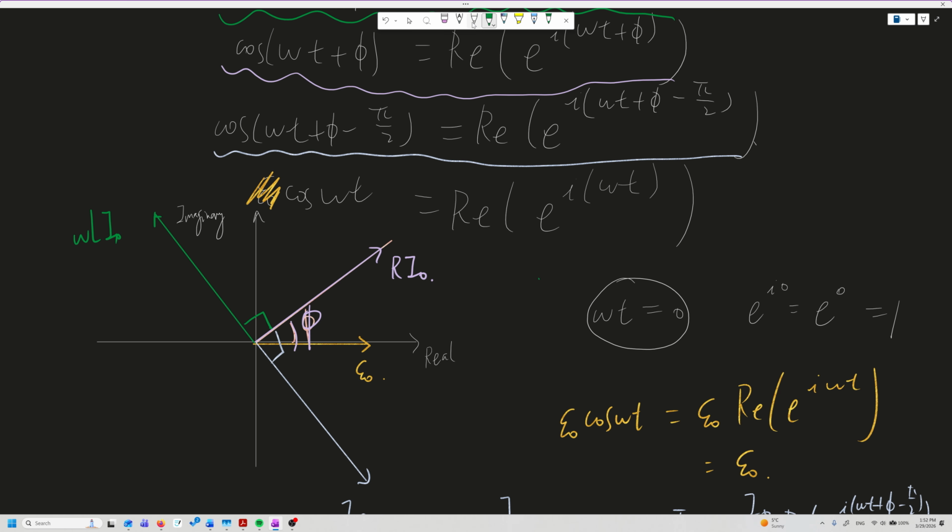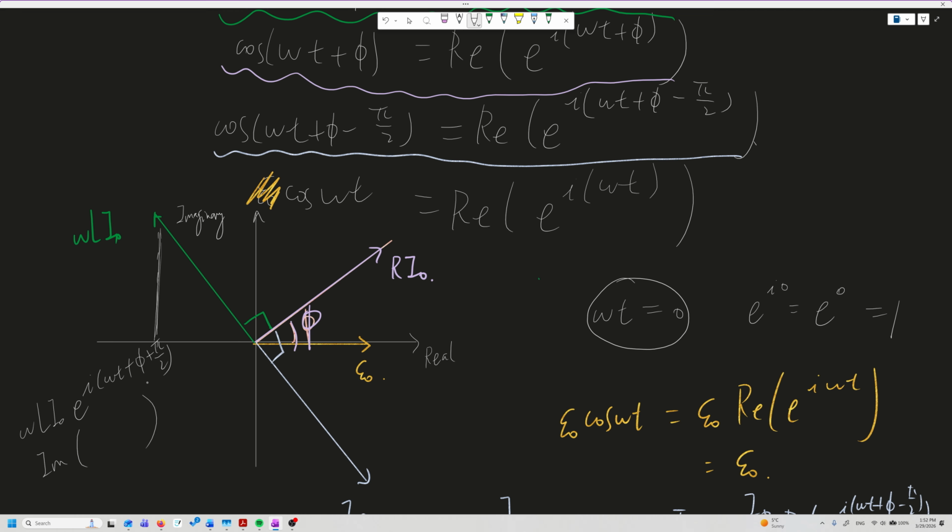And so just to make this a bit more clear, let me explain once more how this works. So we said, take this vector for example. It is omega L I0 times e to the power of i omega t plus phi plus pi over 2. And now if we look at this y-axis, the height of this vector is just the imaginary part of this expression.